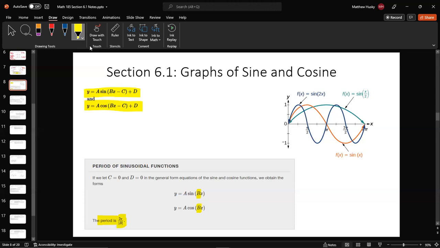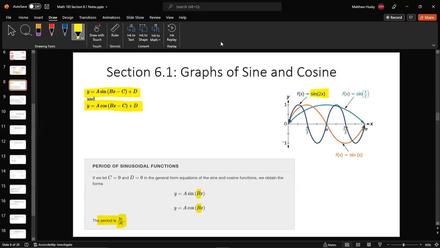A negative would do something different, but if you divide 2 pi by the absolute value of B, that will tell you the new period.